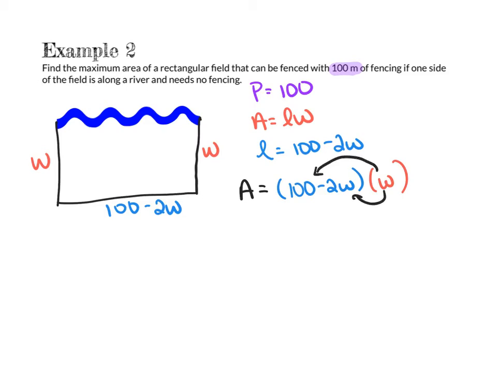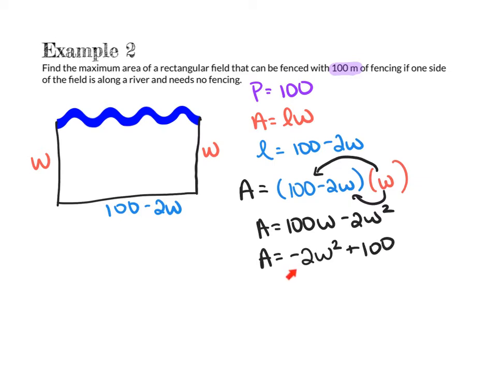When I distribute, I get the quadratic I'm looking for: the area is equal to 100W minus 2W squared. I want to rewrite the formula so I put the W squared first, so I have negative 2W squared plus 100W.